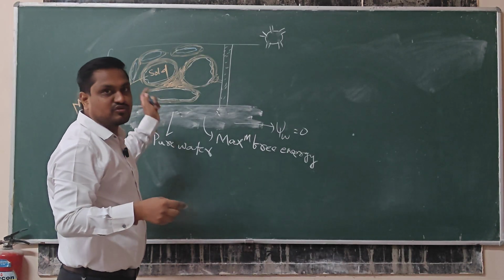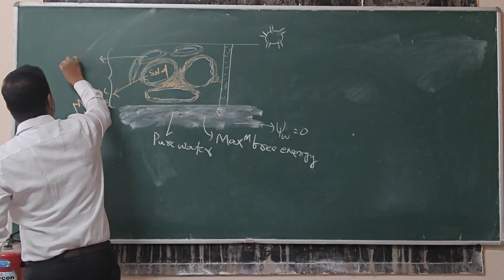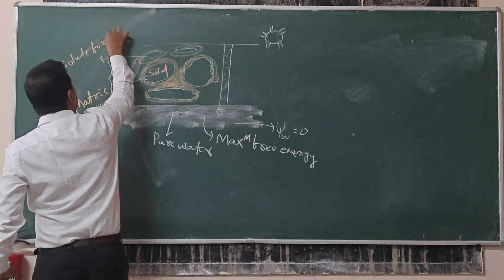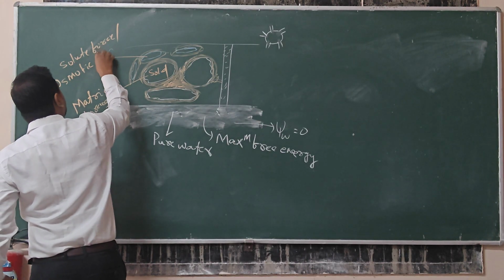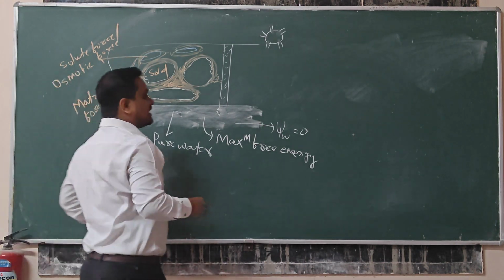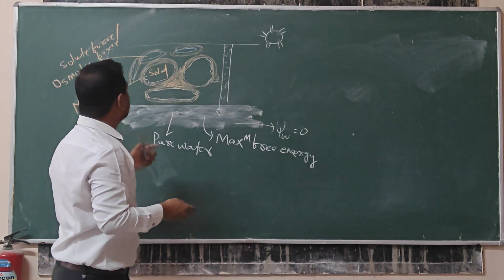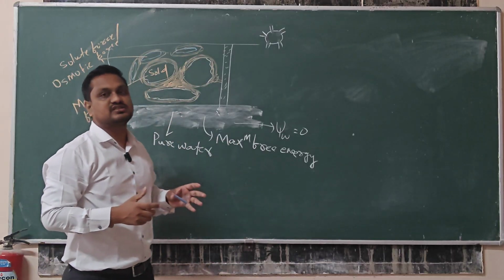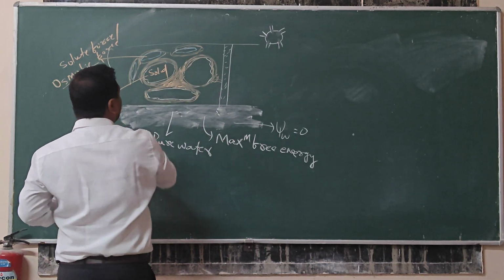Another type of force we can write here is the solute force or osmotic force. We have already discussed that in saline soil the presence of more cations creates the problem. Although the physical condition is good, because of osmosis the plant growth is affected. So these are created in saline soil.